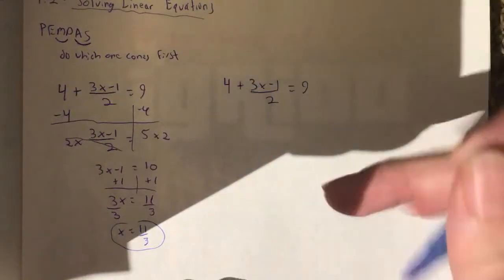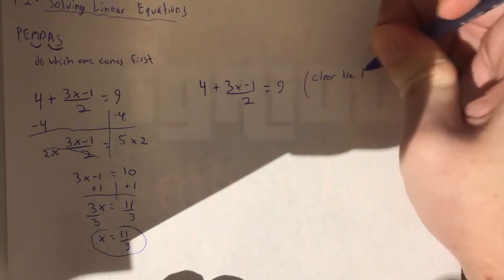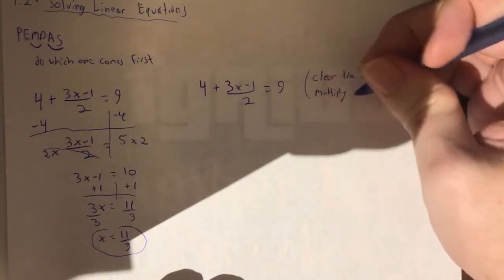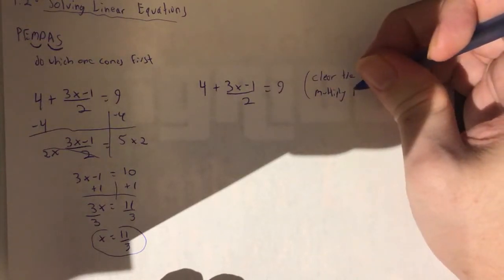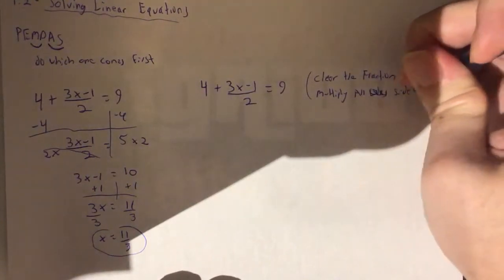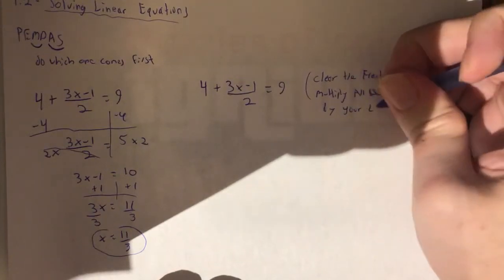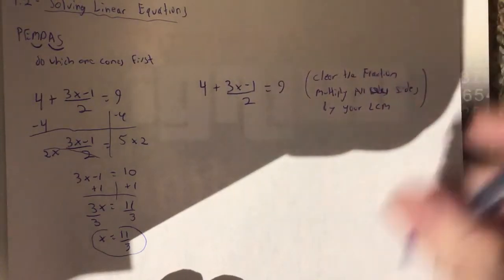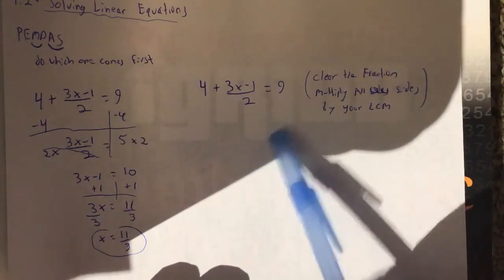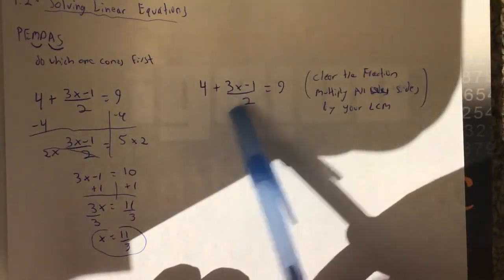Whenever you have a fraction, to clear the fraction, you can always do this. You multiply all sides by your LCM, your least common multiple. In this case, I basically want the smallest number that goes into each of the fractions.